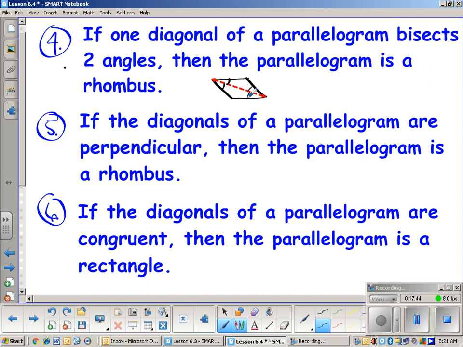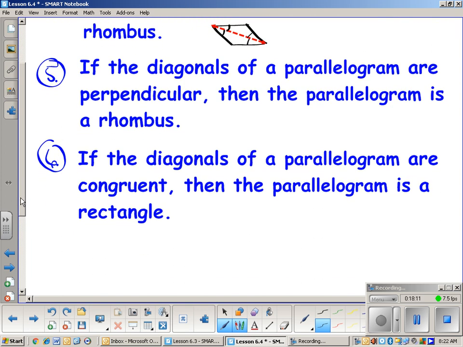So we only need one diagonal to bisect the two angles. If the diagonals of a parallelogram are perpendicular, then the parallelogram is a rhombus. If the diagonals of a parallelogram are congruent, then the parallelogram is a rectangle. So these are strictly the converses of what we just did a minute ago, with the exception of number 4. It's worded slightly differently because we don't need both pairs.